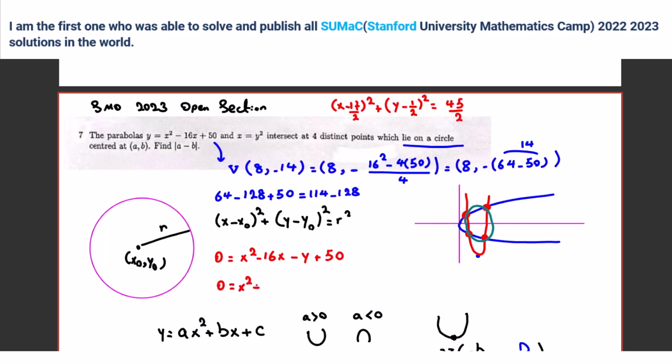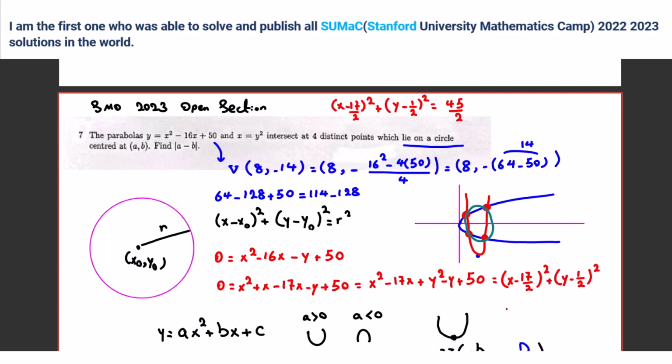So we can say x squared plus x, because x is y squared, minus 17x minus y plus 50. So it is equal to x squared minus 17x plus y squared minus y plus 50, right? So it will be x minus 17 over 2 squared, as you said, and y minus 1 half squared, right?